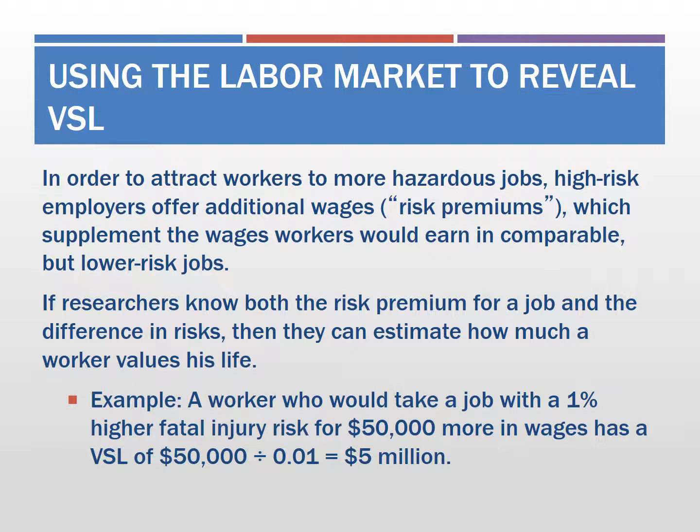On the other hand, people who value their life at less than $5 million are the people who will take on these high-salary jobs with high risk involved. Most studies in the US labor market using this approach estimate the value of life between $5 and $12 million in particular positions.